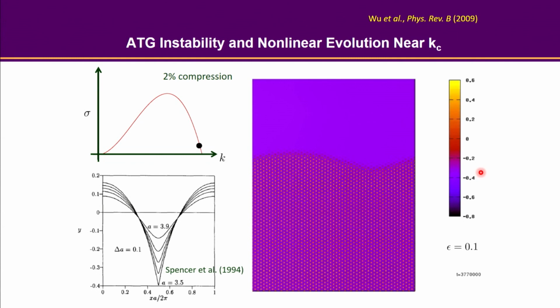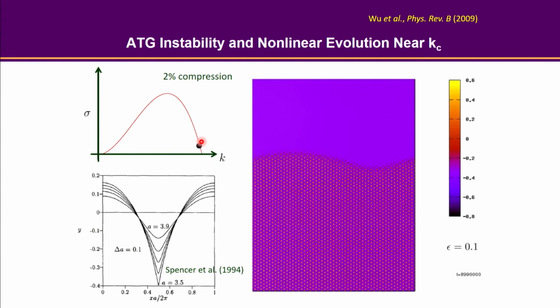You start to see the feature that you have a broader peak and also a little bit asymmetric profile, right? You have a rather sharper trough here. So that's the result for 2% compression. Corresponding to this growth rate curve, roughly we are picking a wave number with a very small growth rate.